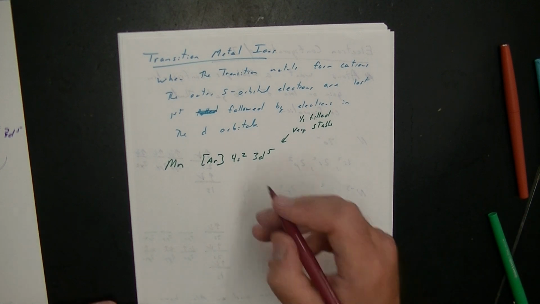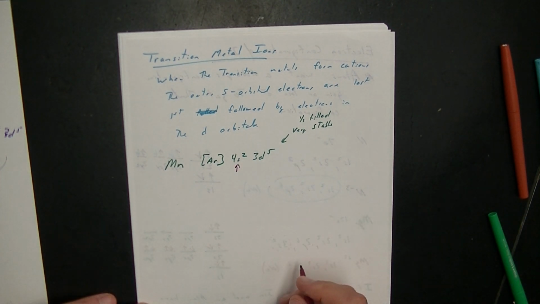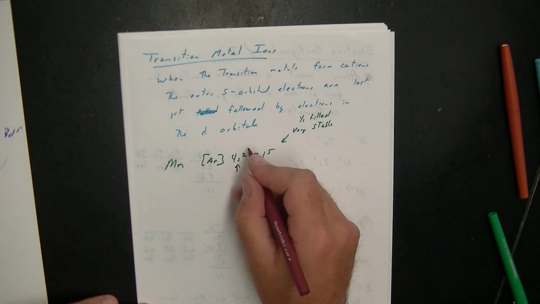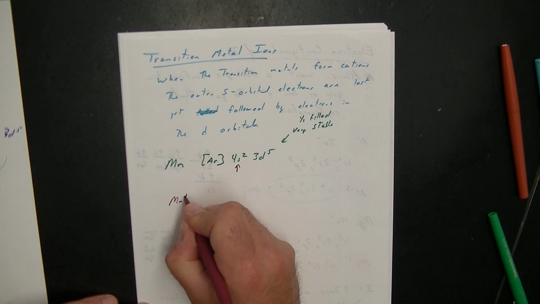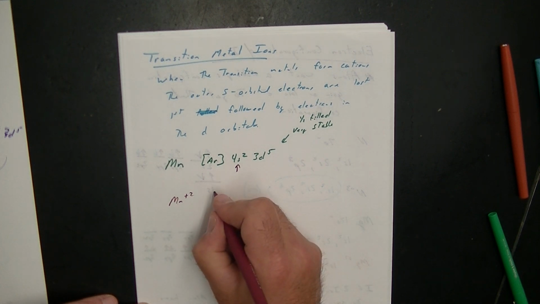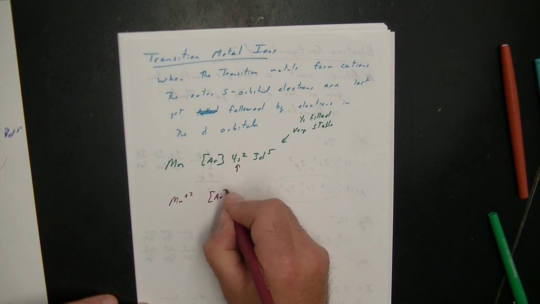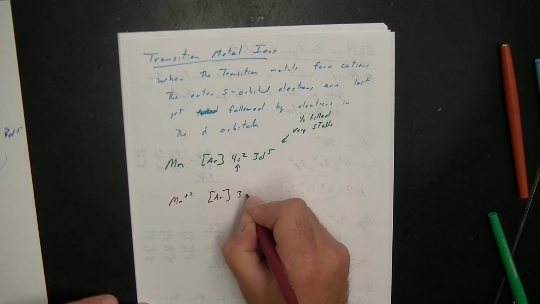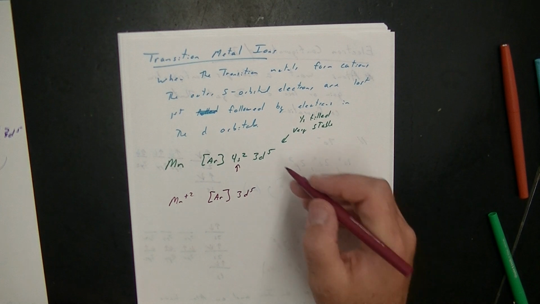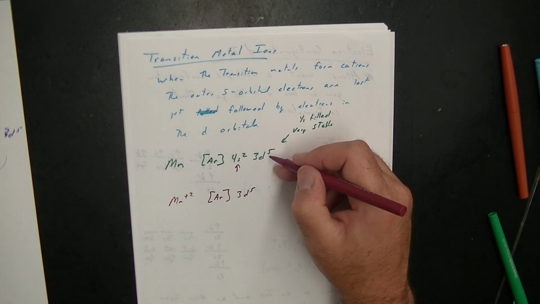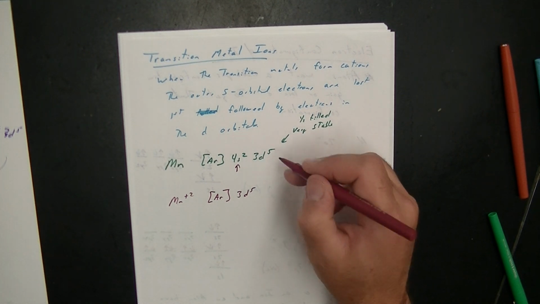The reason it does that is it will lose these 2 electrons, and it will become an Mn+2 ion, and its electron configuration would be argon 3d5. So it loses these 2 before it loses the ones in the d orbital, because this is so stable.